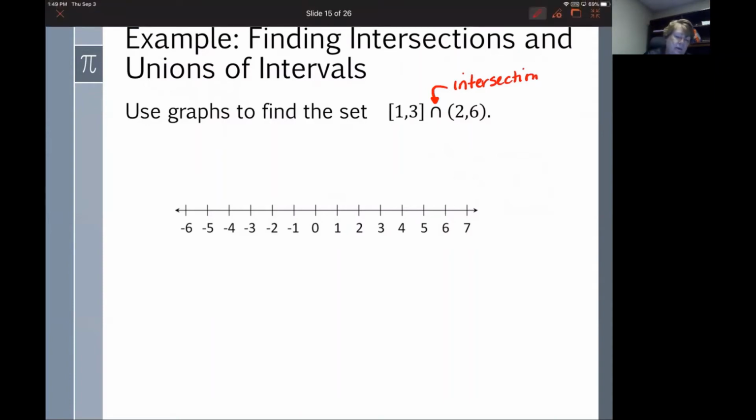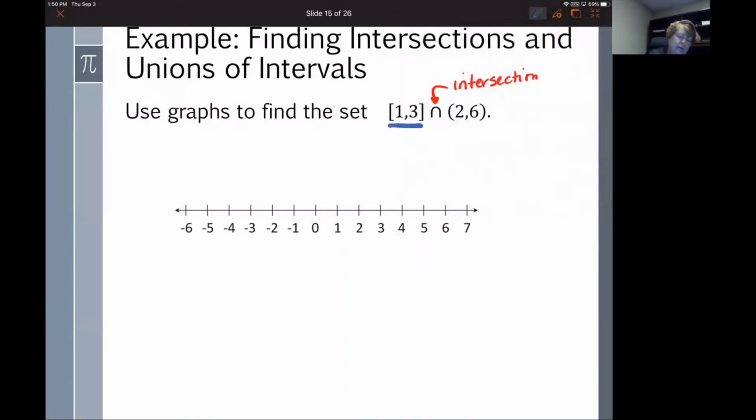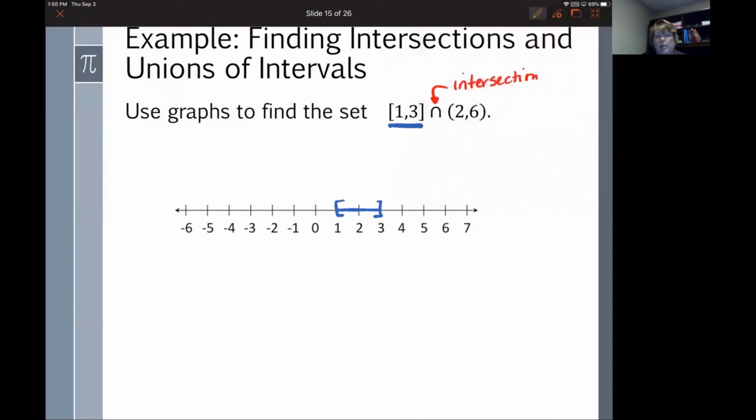Okay, so I'm going to draw my first set, the interval from 1 to 3, in blue. So I would put a bracket at 1, a bracket at 3, and then I'm going to draw a line in between. The next interval, let's draw that in orange. So we're going to draw the interval from 2 to 6 in orange. So we're going to start at 2, we're going to end at 6, and everything in between.